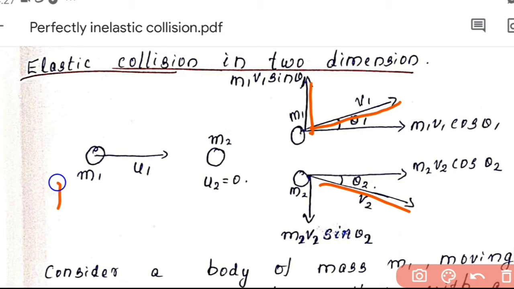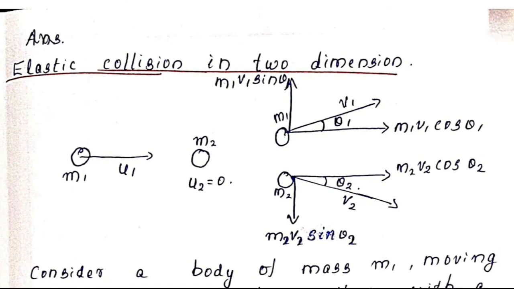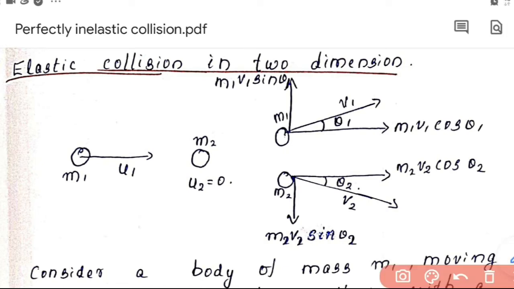So we can apply the law of conservation of momentum component-wise. Since momentum is a vector quantity, its conservation means it should be conserved in both horizontal and vertical directions. When we apply the law of conservation of momentum in the horizontal direction, our expression becomes m1 v1 cos theta 1 plus m2 v2 cos theta 2, the total momentum after collision in the horizontal direction, equal to the total momentum before collision in the horizontal direction, that is m1 u1.